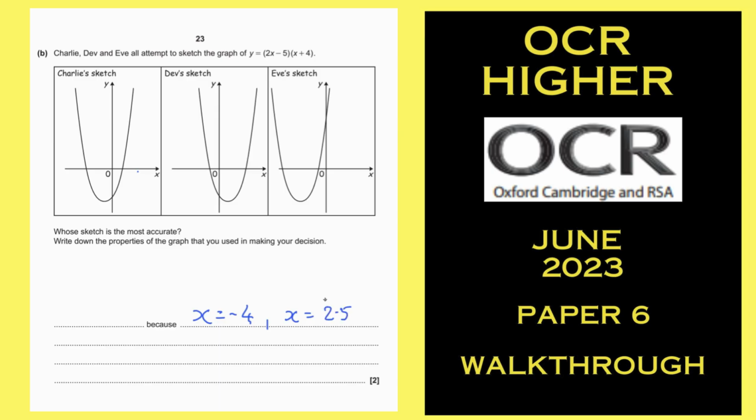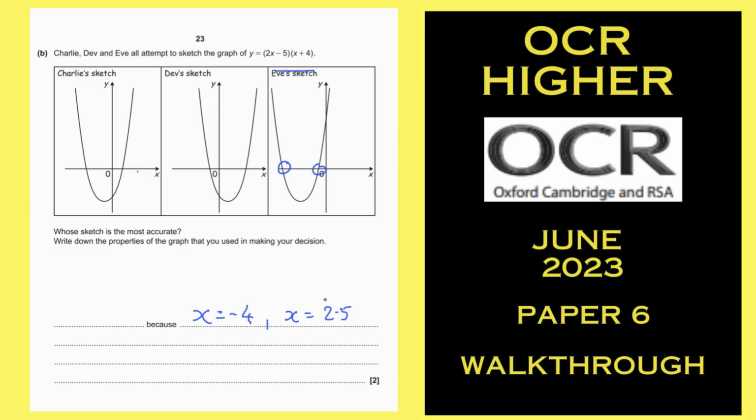Which first of all means Eve's sketch can't be right, because she's got 2 solutions, both of which are negative. Can't be right. So out of C and D, whose is most accurate? Because they've both got a positive solution and a negative solution. But the key really is negative 4 will be further away from the y-axis than 2.5.